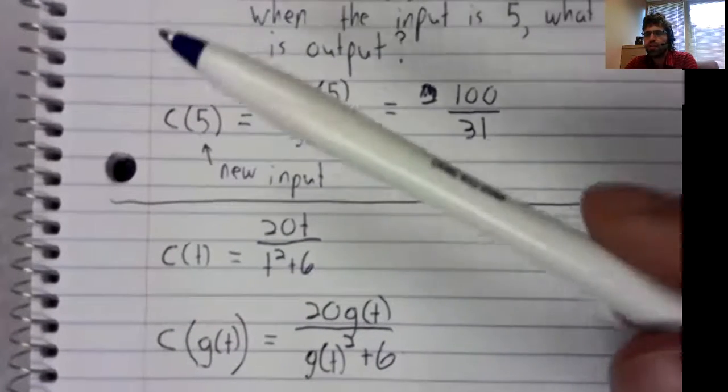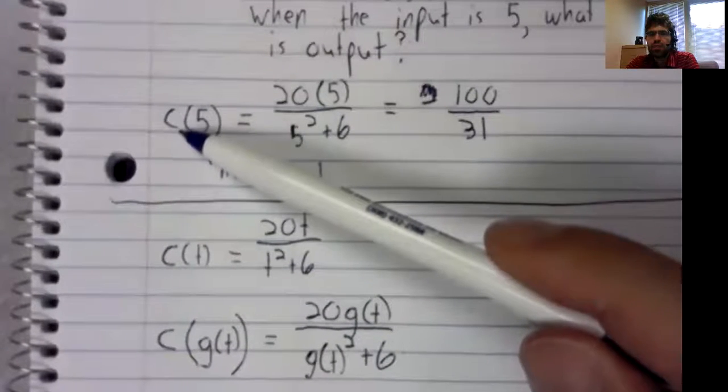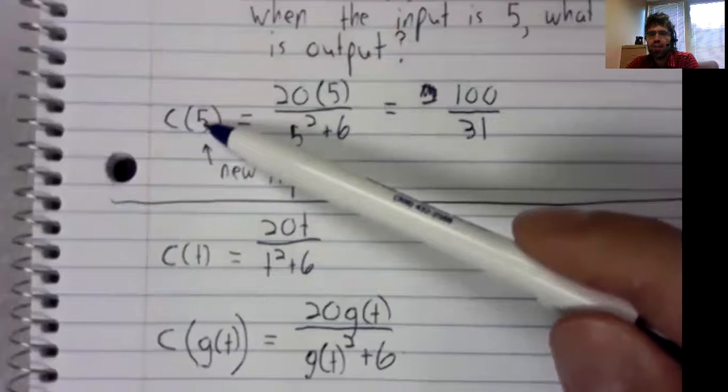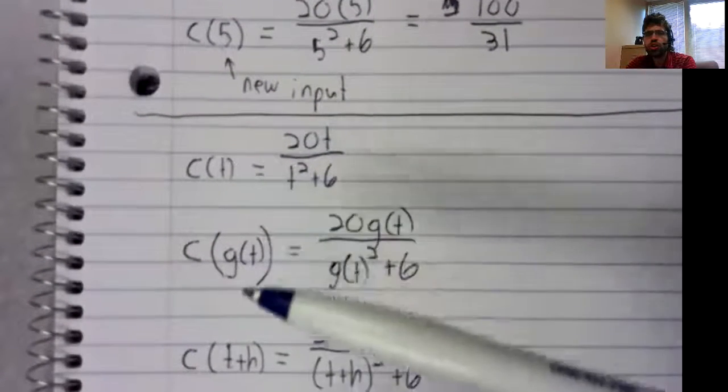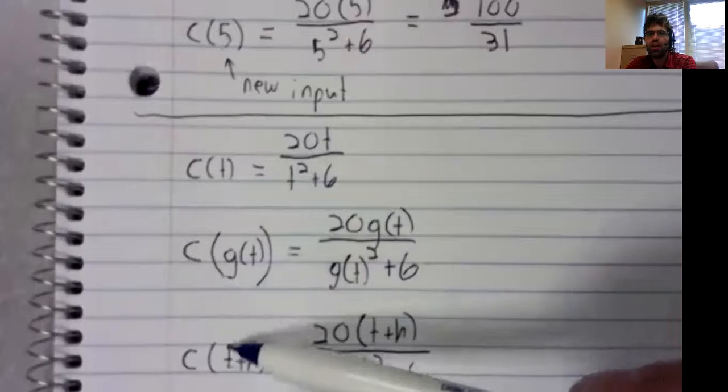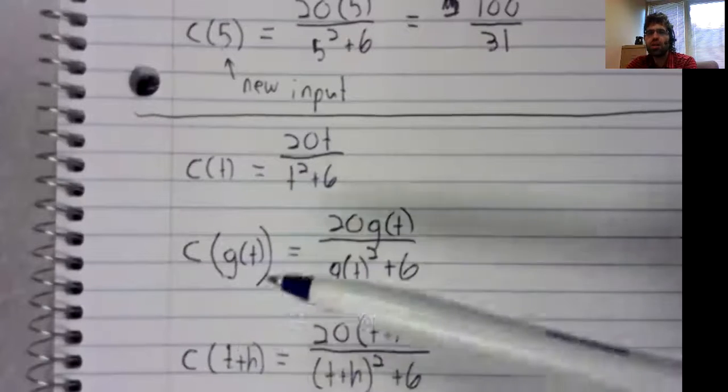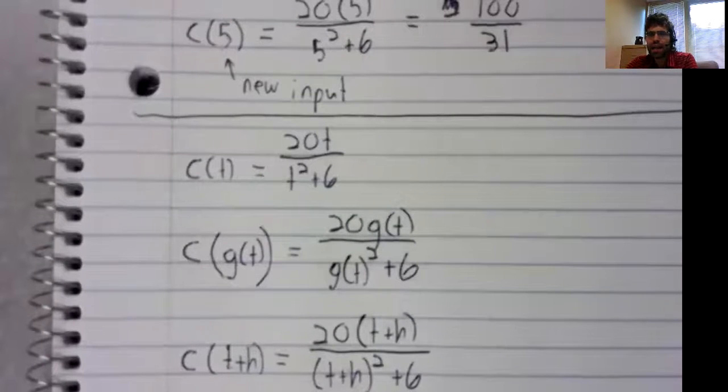So whether we're evaluating c of a number, or c of a function, or c of an expression, all of these were handled the same way.